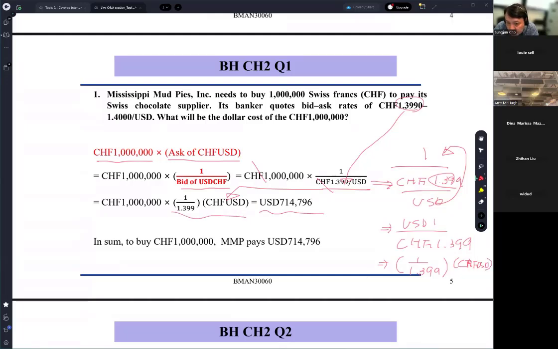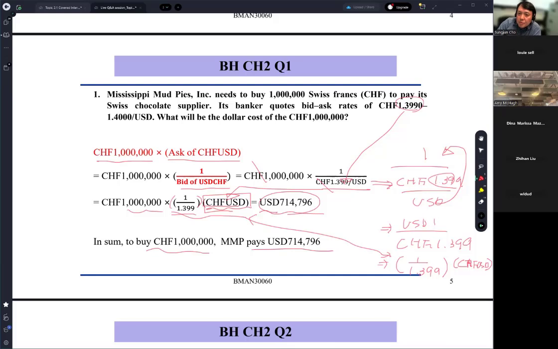That's how I write here. So often, for computation purposes, instead of putting CHF USD here, it's maybe easier to put something like this. First, write down the number, and then express what this is. This is the exchange rate CHF USD. Anyway, so we're just computing this one, and you get the dollar amount.